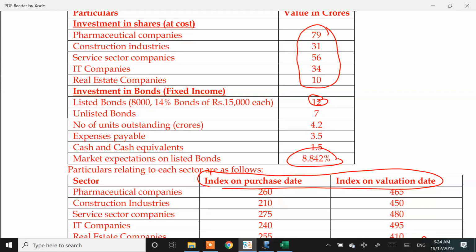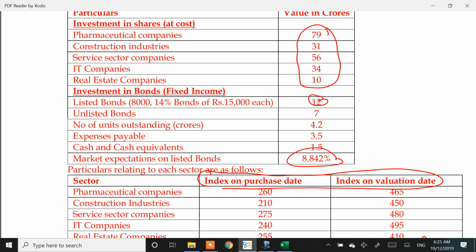Coming to the listed bonds part: 8,000 14% bonds of 15,000 each. So there are 8,000 bonds of 15,000 rupees each, and the overall value is 12 crores. That's what the question has given. What is the rate of interest the bond is paying? What are people expecting? These bonds ideally have to quote at a premium in the market, because the bond is paying 14% and people are expecting only 8.842%.